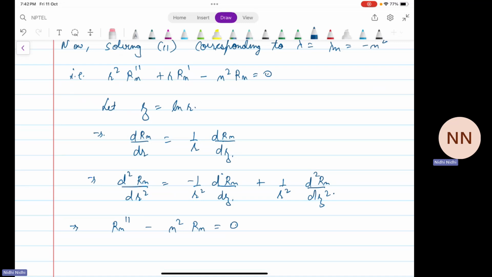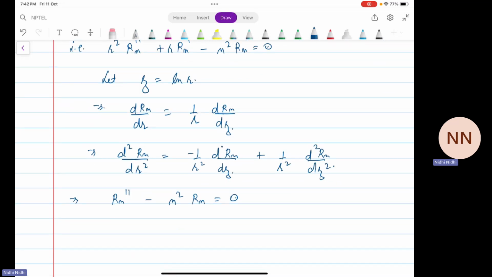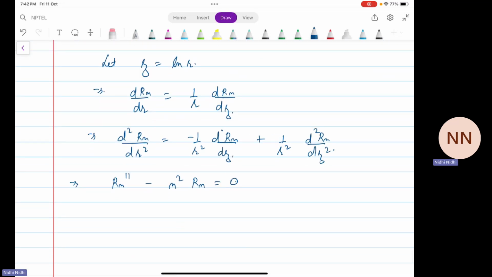If you remember, we had done similar kind of problems in the starting of the session. So now again, we are in the setup of second order homogeneous differential equation with constant coefficients. We can find the solution by finding the roots of the auxiliary equation, and in this case we get m squared is equal to n squared, m is equal to plus minus n.